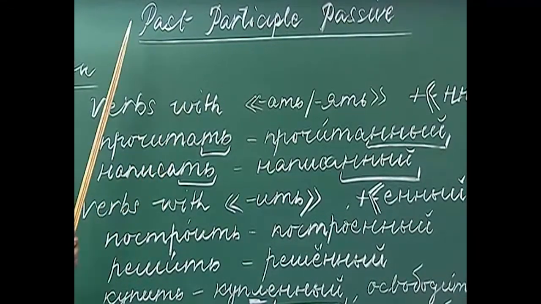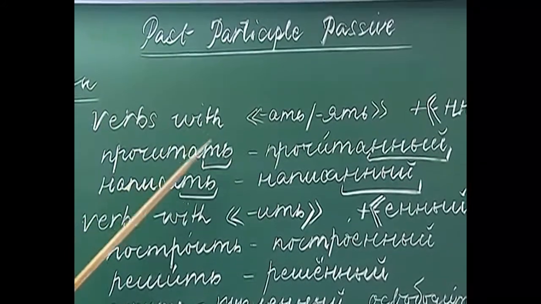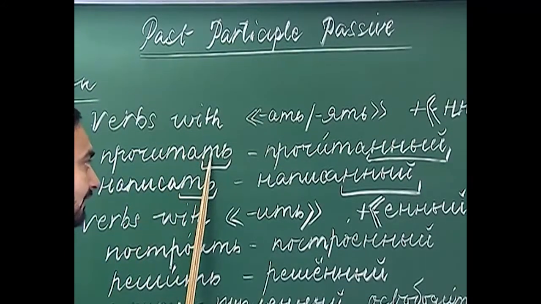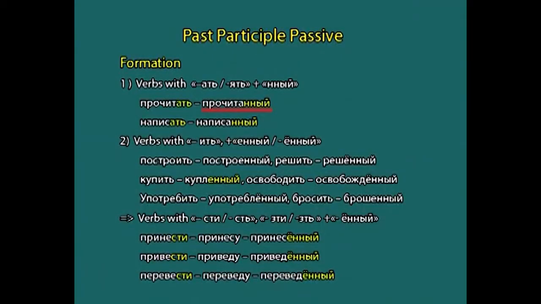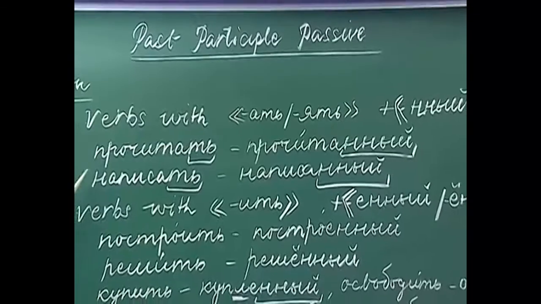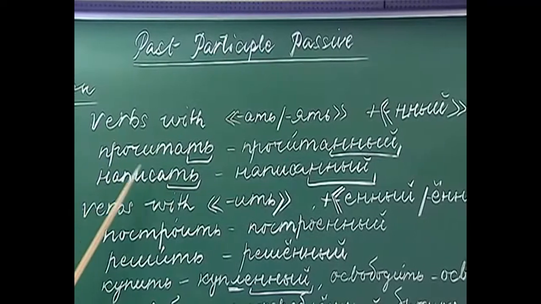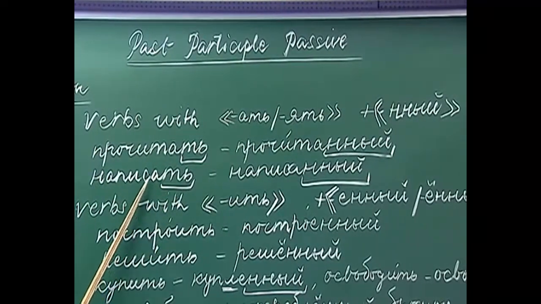How do we form the passive participle past? We drop the ending ть and add нн. So, прочитанный. Similarly, написать again ends with ать.